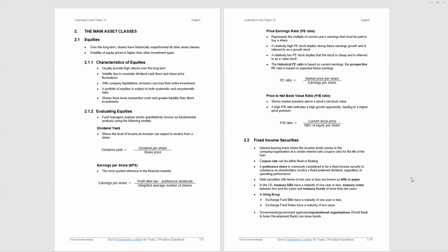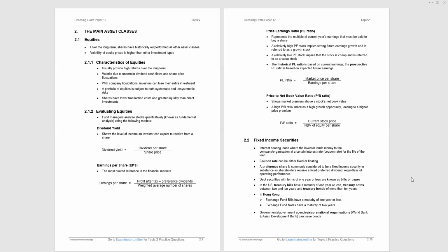But to be more specific, profit after tax less preference dividends, because the earnings per share is for the ordinary shareholders. So it's profit after tax less preference dividends divided by number of shares. Well, technically, it's the weighted average number of shares over a period of 1 year.